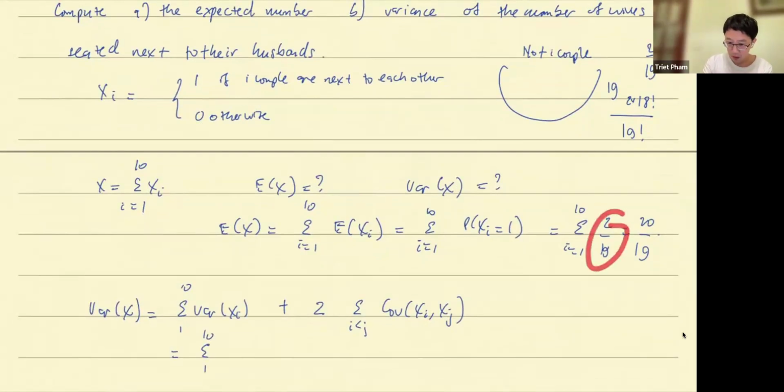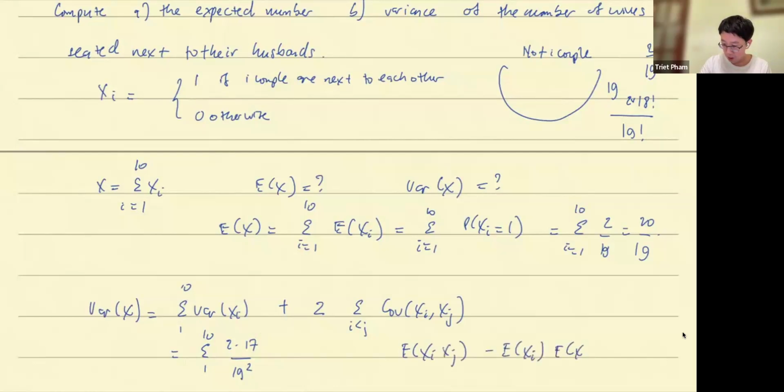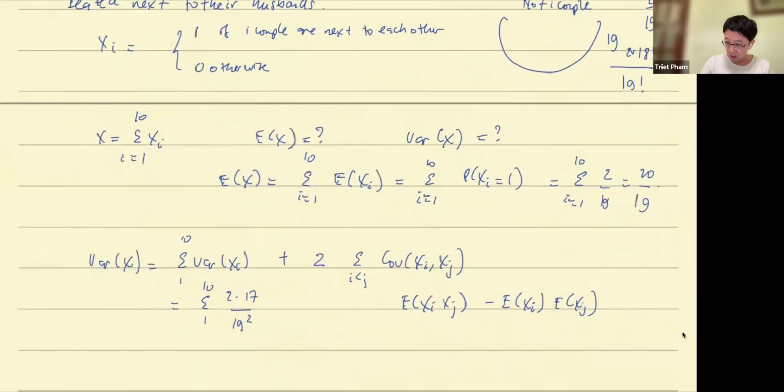So it's 2/19 times 17/19, and then times 10, because they're all the same numbers. The covariance of xi and xj is the expectation of xi times xj minus the expectation of xi times the expectation of xj, where this one is (2/19) squared.